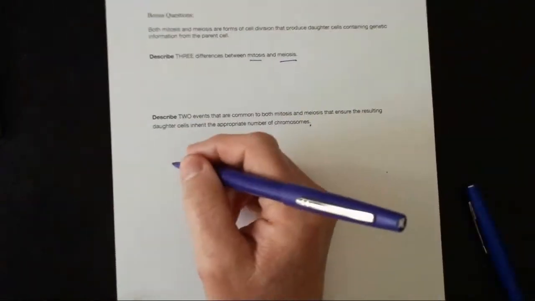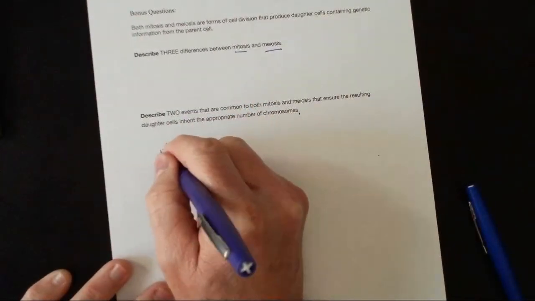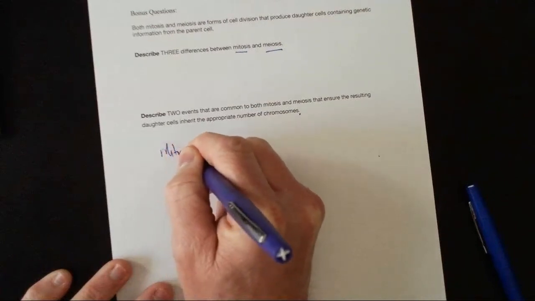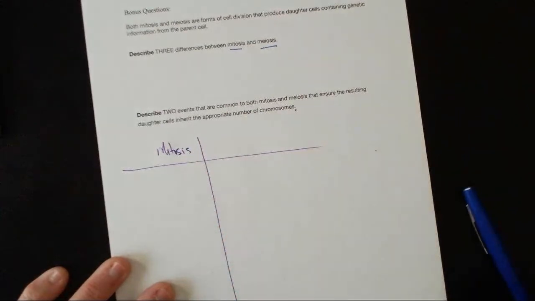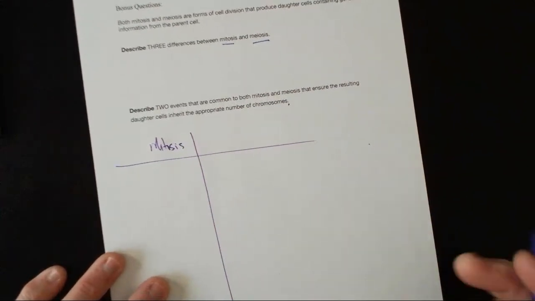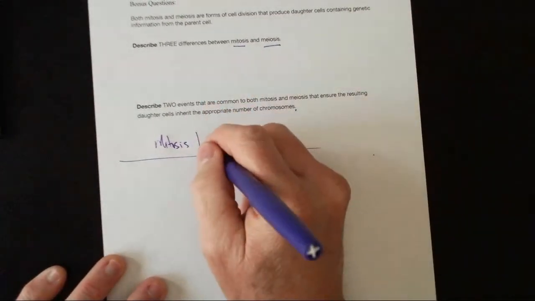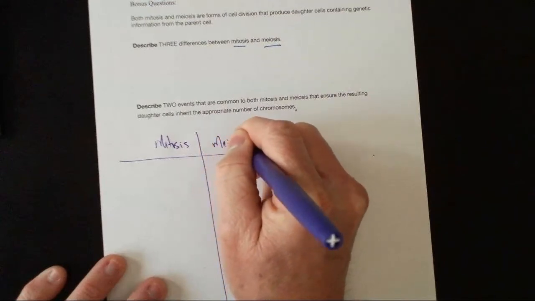Let's deal with the differences first. I'm going to make a chart, and I would make sure that I could quickly and easily recall all of these differences between mitosis and meiosis.